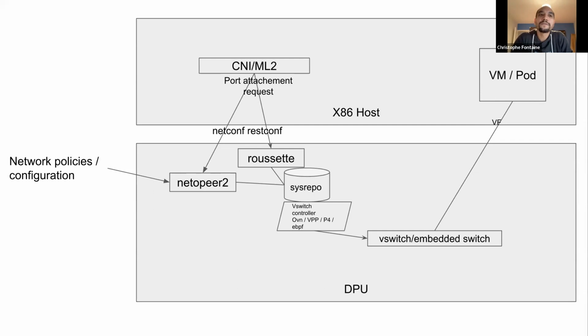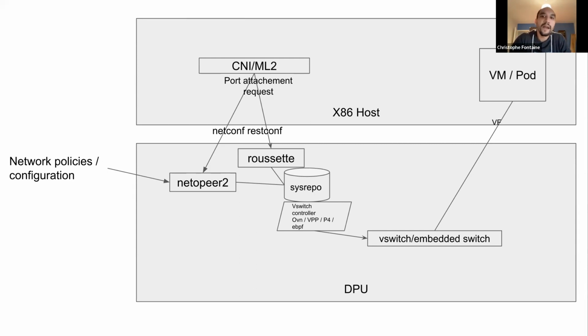In the case of running a workload on the x86 hosts, that's where, with a specific CNI or ML2 plugin, for OpenShift and OpenStack, we will have that specific port attachment request. Still, we will go through exactly the same API that will be exposed by OPI, of course, but that would be NETCONF or RESTCONF.